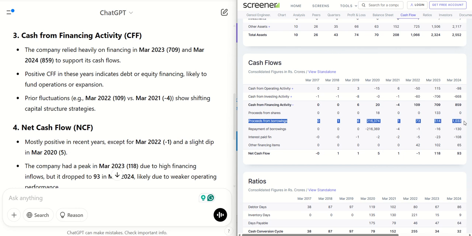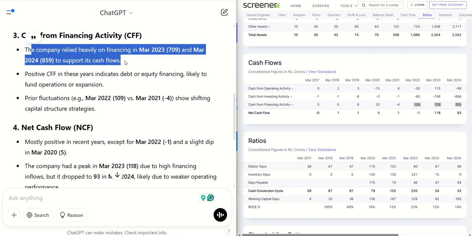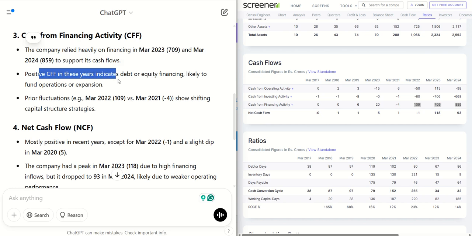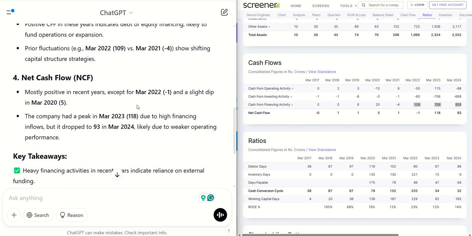However, this level of analysis we'll do subsequently. Sticking to our simple analysis, we only know that they have raised a lot of cash. Seeing the model output, this says it has heavily relied on financing for the last 2 years. Positive indicates that it has borrowed through debt or equity. And the prior fluctuation is very nominal, so let us not discuss that.